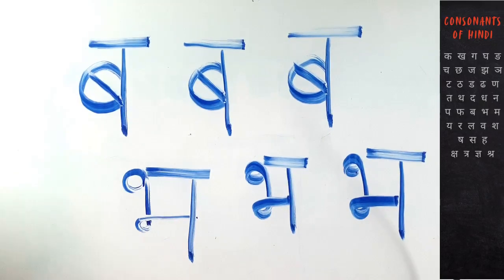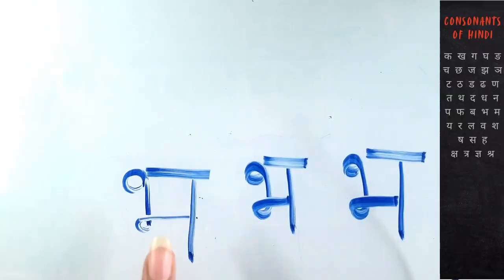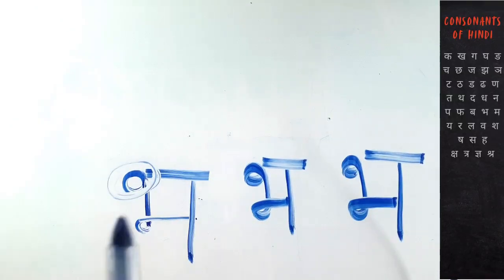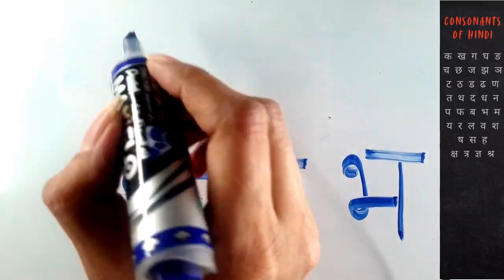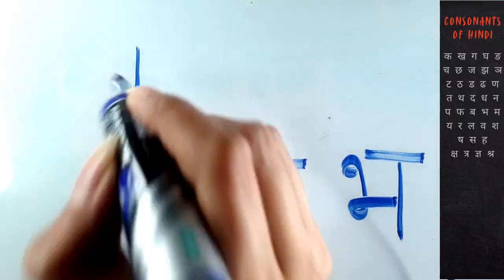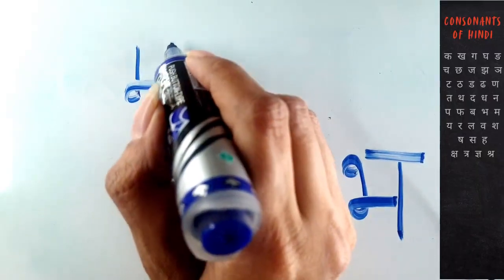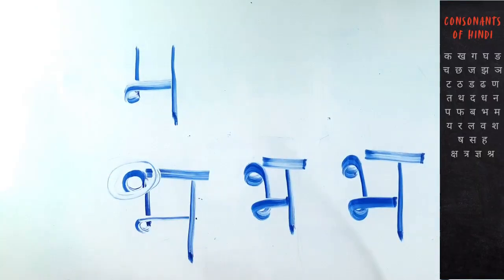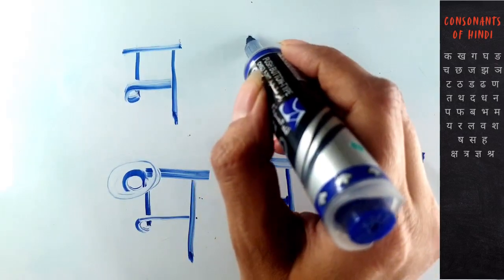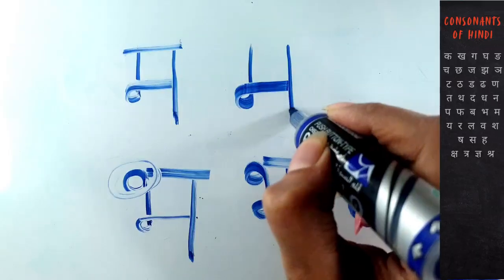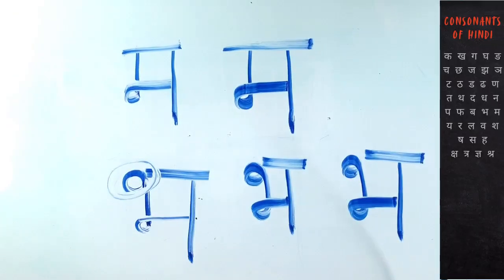The last one, m, is the same thing, but it won't have this part over here. Okay? For m, you start like this, and this. That is m. So you come down, loop, right, vertical, top line.